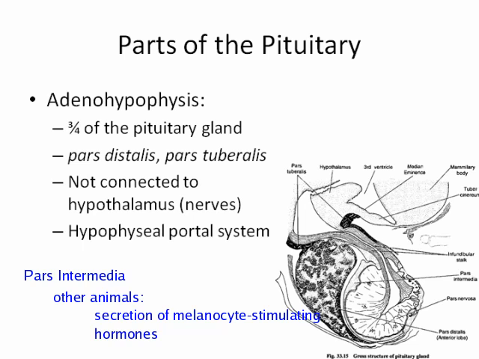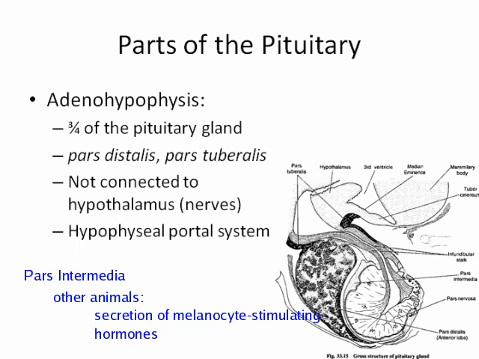In humans, this is not the case. In fact, during the third trimester of development, the pars intermedia just kind of disappears, and it's no longer seen except for some residual connective tissue within the newly born infant, and that follows right on through adulthood.